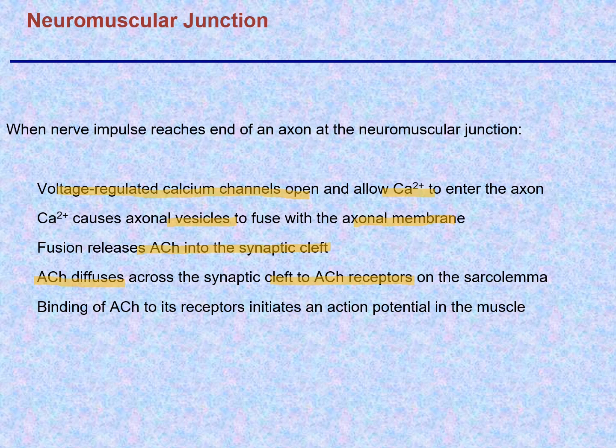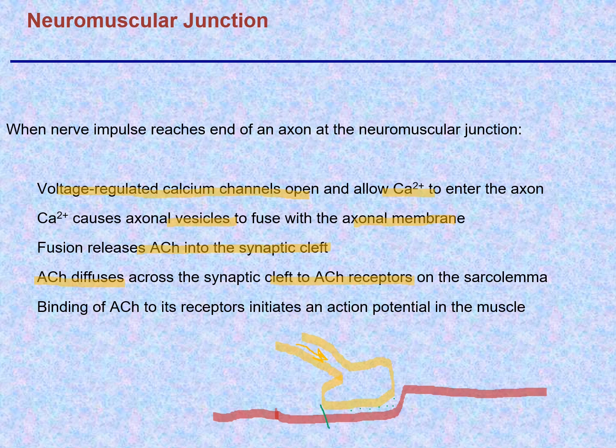So if this is the axon coming down and there's the axon ending, and this is the skeletal muscle here, then you have the action potential coming down, activating calcium channels, and you get the release of acetylcholine into this space, and you'll get a depolarizing effect because of the effect on sodium and potassium channels on the motor end plate.